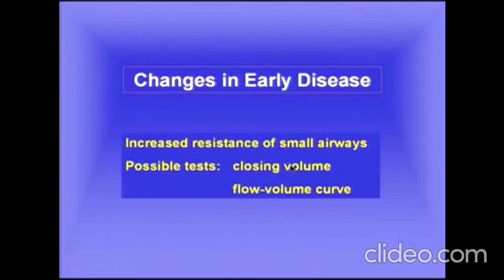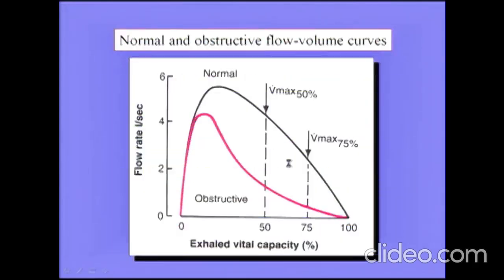So it's difficult to pick up an increase in resistance of the small airways. And possible ways of doing that include the closing volume, which we've talked about before, and the flow volume curve. And this is just to remind you again of the flow volume curve and the fact that when we get down to these lower regions of the flow volume curve here, the flow rate is increasingly dependent on the very small airways.